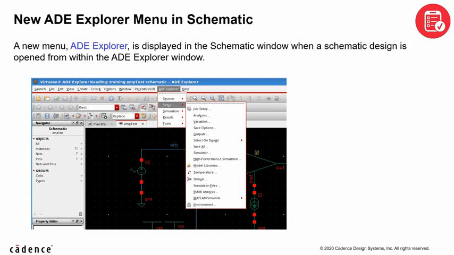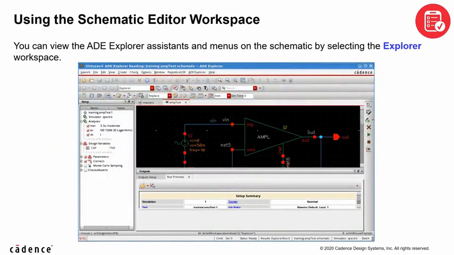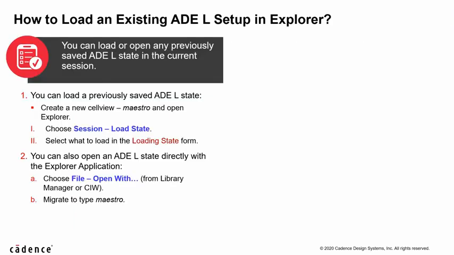If you pull down on the menu item, you can see that 5 different submenus have been added, and each of the submenus can allow you to create your setup in this environment here in the Schematic Editor. You can view the ADE Explorer assistants and menus on the schematic by selecting the Explorer workspace.